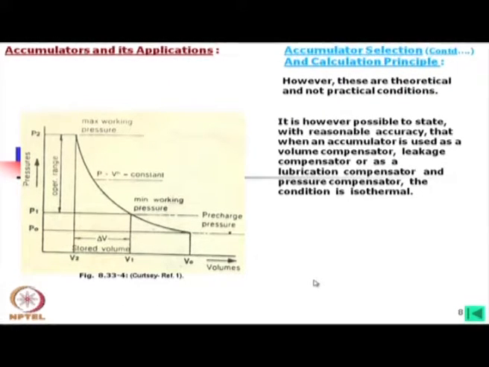Then it is possible to state with reasonable accuracy that when an accumulator is used as a volume compensator, leakage compensator, lubrication compensator or pressure compensator, the condition is isothermal.